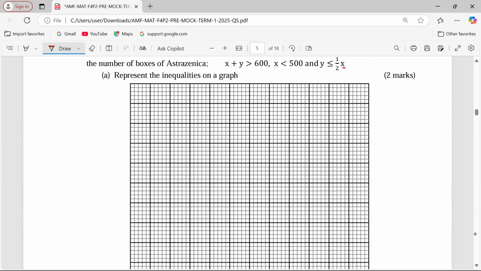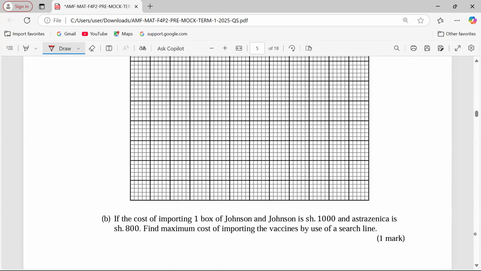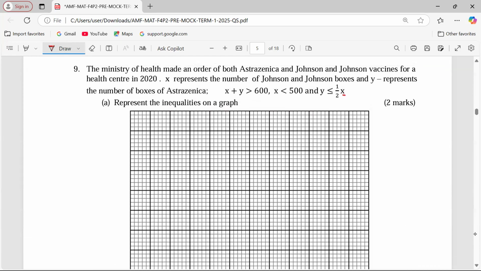Represent the inequalities on a graph. For the graphs of inequalities, when the sign is strictly greater than or strictly less than, we have dotted lines. So we're going to use a dotted line at that point. That is what you're supposed to know. Then on the other side, when the inequality sign is less than or equal to or greater than or equal to, we usually use complete lines.